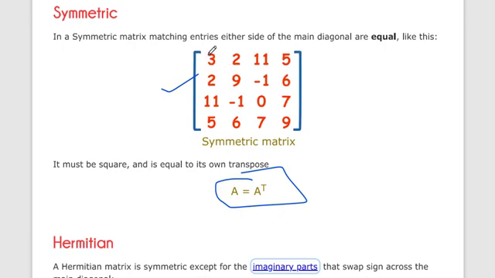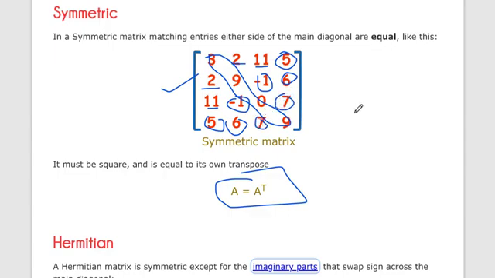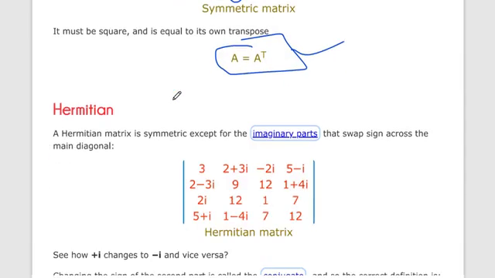Like if this is the diagonal, these two will be the same, 5 5, minus 1 minus 2, 6 6. As you can see, the bottom of the diagonal and top of the diagonal are the same, so A and A transpose are the same, so it's called symmetric.